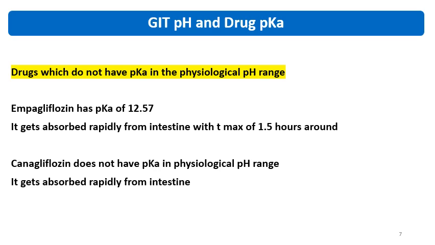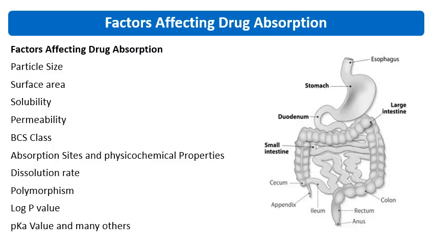Sometimes their solubility, their lipophilicity will have a great impact onto the absorption, and that's why these drugs will get absorbed. So it is not a thumb rule that the drug should have pKa in the physiological pH range to get absorbed. Many other factors are also there which affect the drug absorption through the GIT.